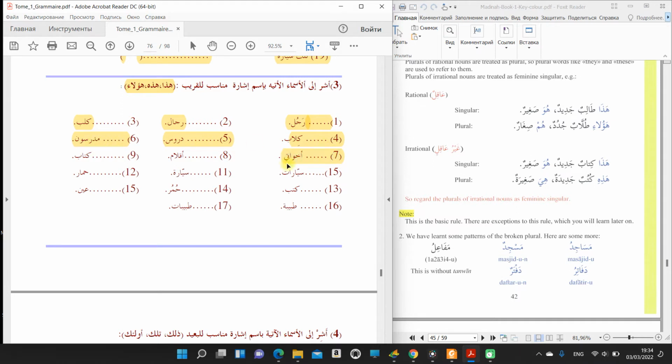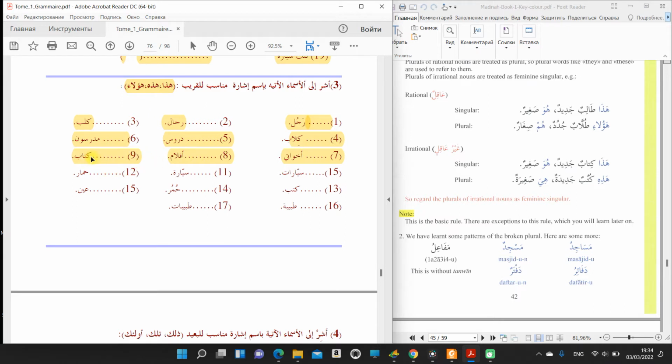Here we have أخواتي, my sisters. Well, they have intelligence. Therefore we say هؤلاء أخواتي. أقلام, it means pens. Yeah, it's plural, but doesn't have intelligence. Therefore we say هذه أقلام.